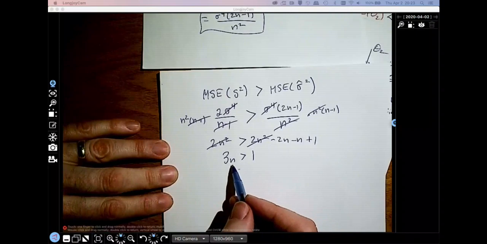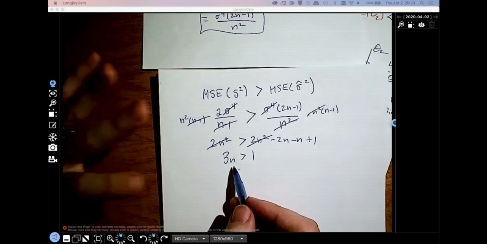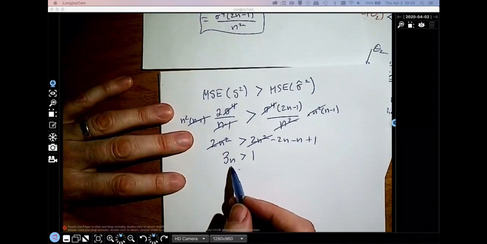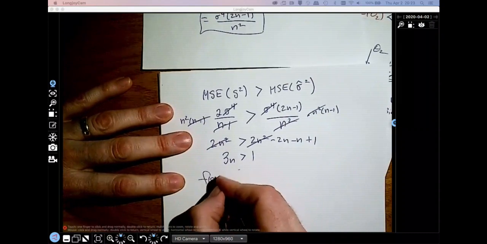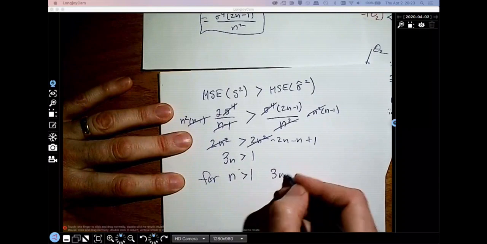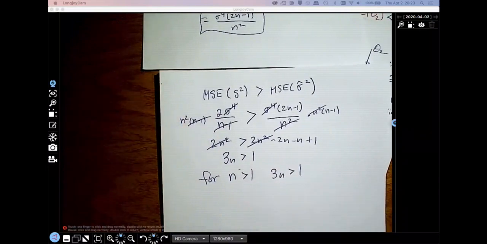If n is bigger than 1 (it doesn't make any sense to have an n of 1, because you can't compute s squared then), then for n greater than 1, 3n is certainly greater than 1, and so I've established the result. That was a fair amount of math.